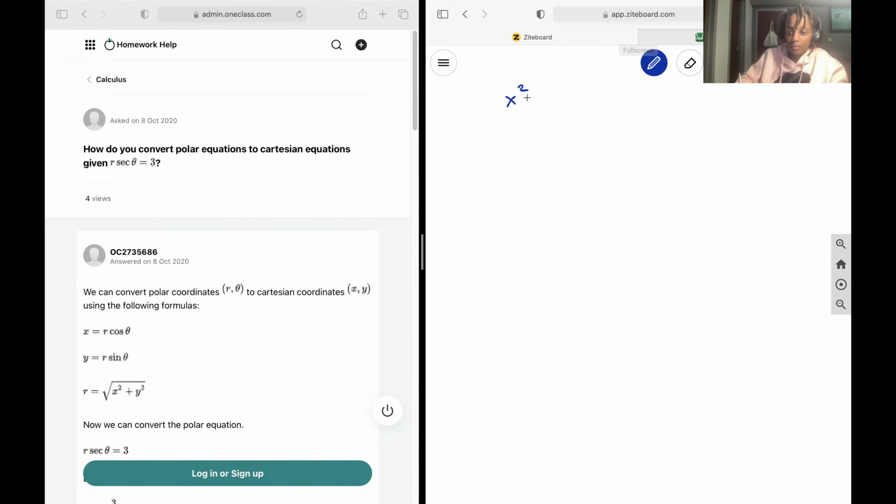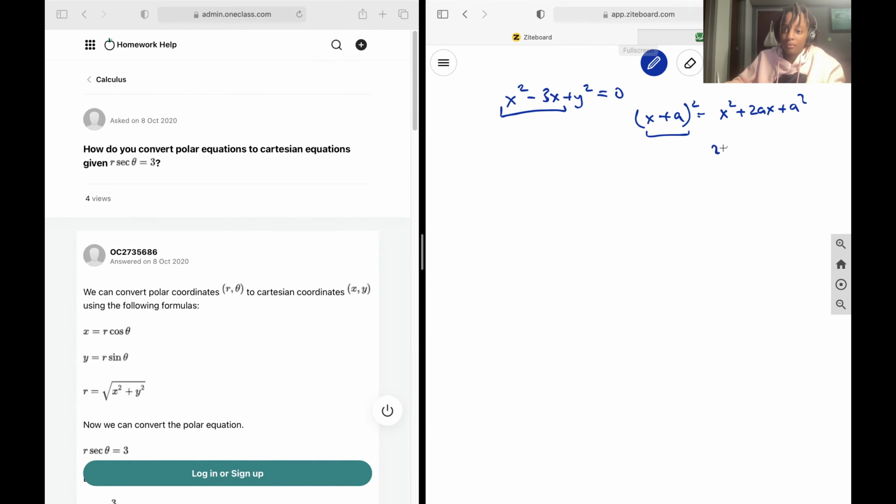And remember that if we have x plus a squared, we get x squared plus 2ax plus a squared. So let's rewrite this in this form.